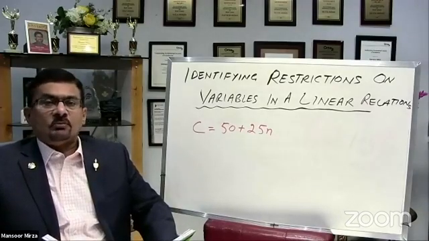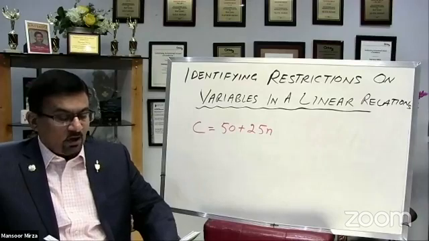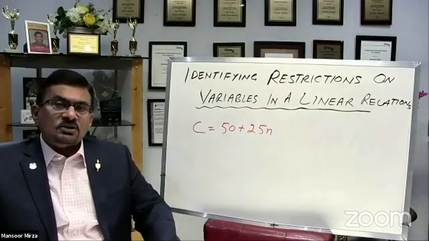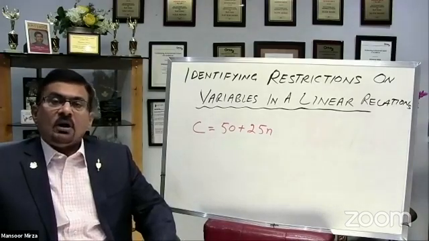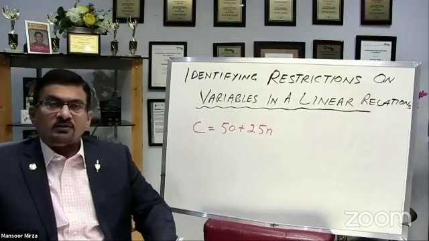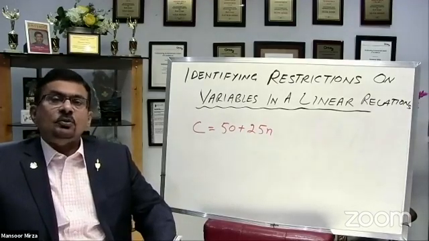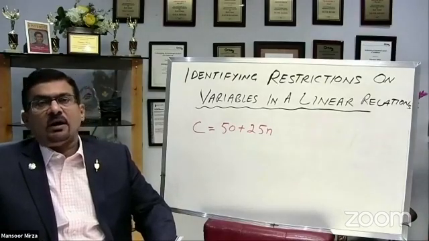So we need to put some limits on it. For example, if one of the variables in an equation represents hours, the value can never be negative because time cannot be negative. So if we are working on a relation which identifies the number of hours, that relation should not give us any negative value. That means we need to put a restriction on that relation so that it will never generate a negative number.